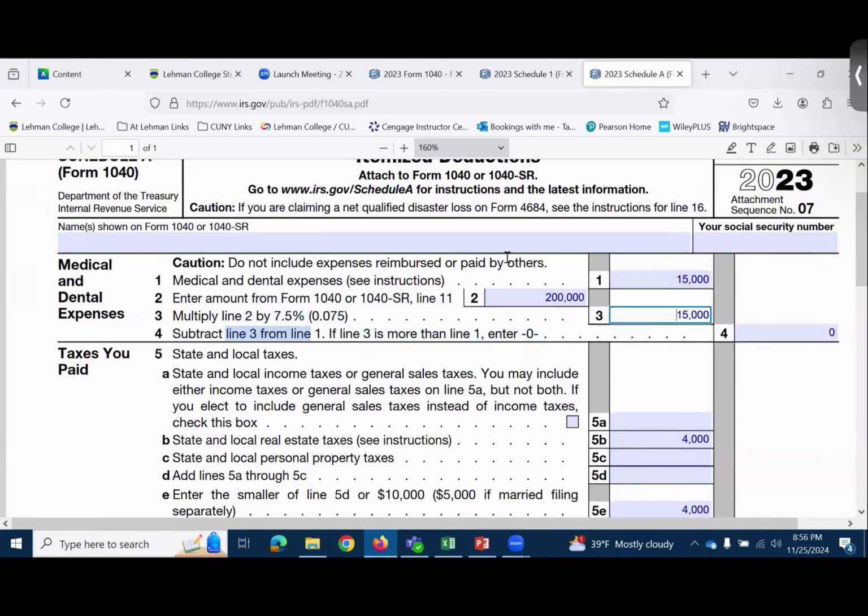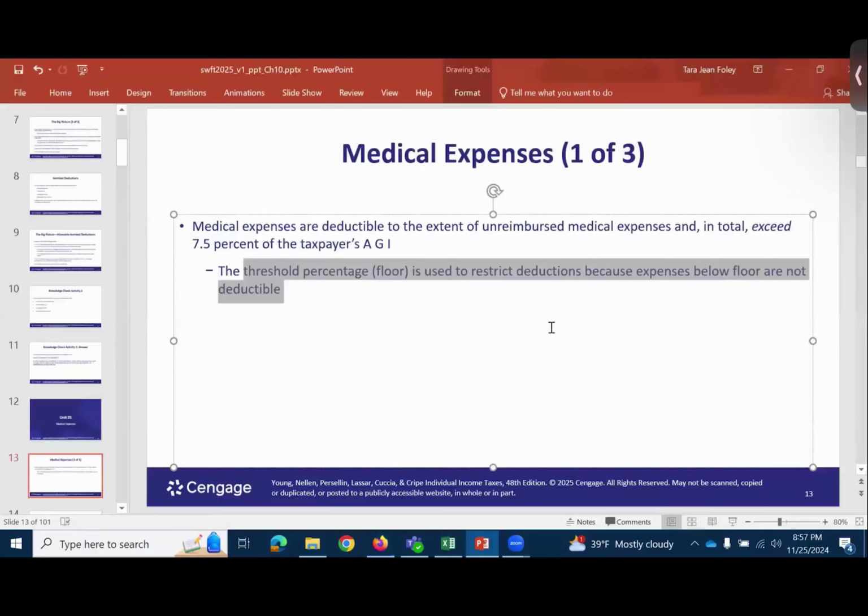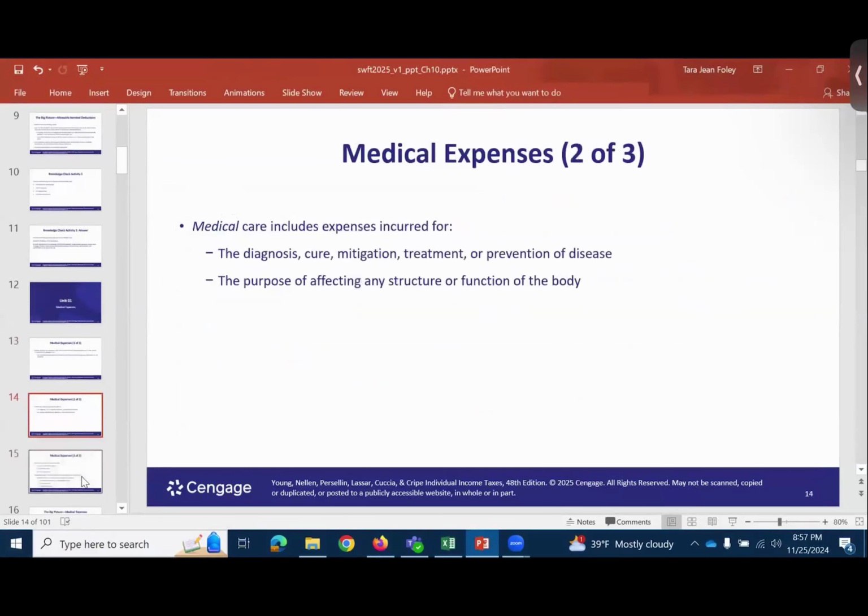So anything above $15,000, if it was $16,000, they'd be able to deduct only $1,000. So this is the floor. Anything above this can be deducted. That's the floor. Okay? So anything above the 7.5% can be deducted. This is for medical expenses.